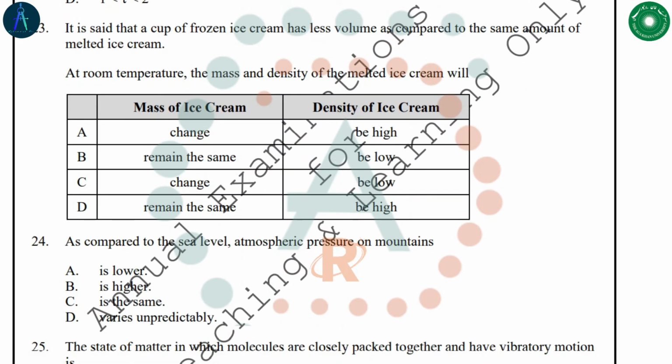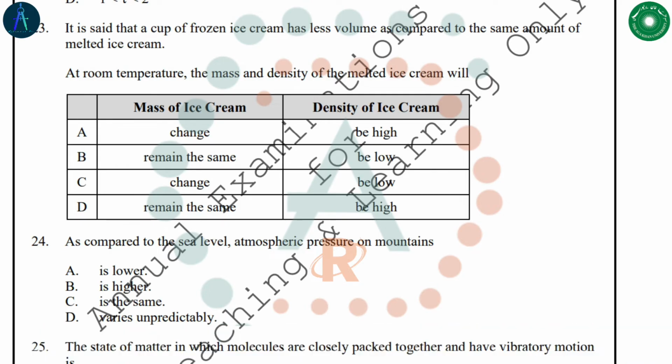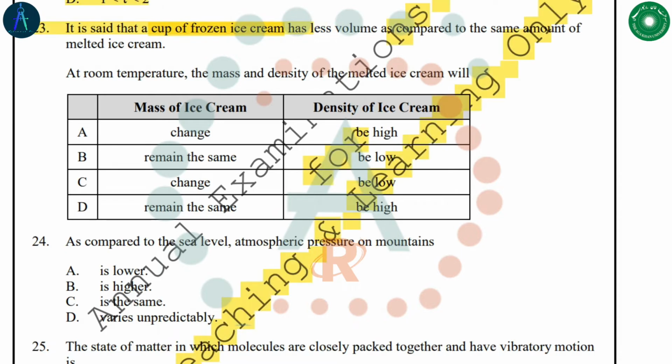Now let's see question number 23. It is said that a cup of frozen ice cream has less volume as compared to the same amount of melted ice cream. So we have a cup of frozen ice cream that has less volume.